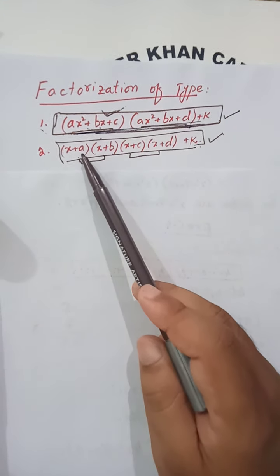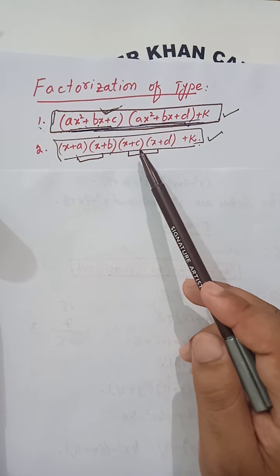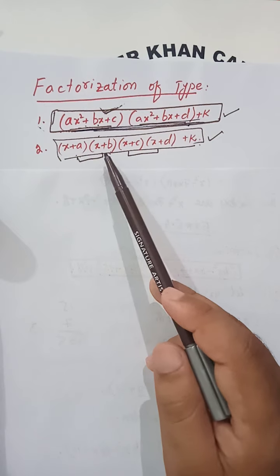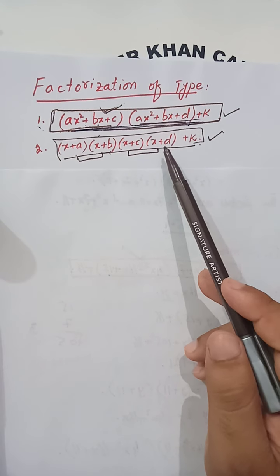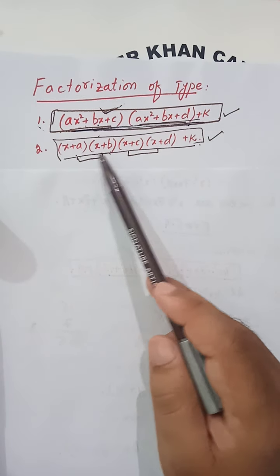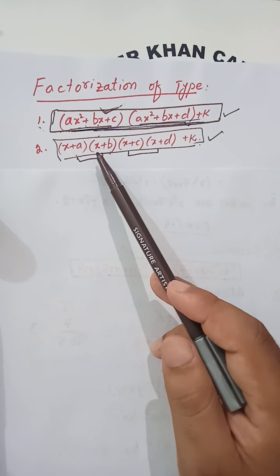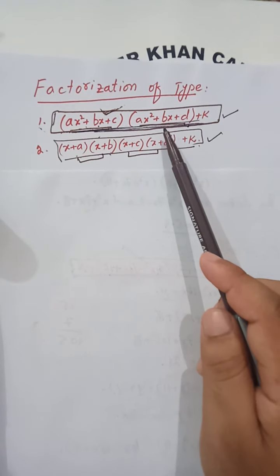So when the addition of a plus b and the addition of c plus d are equal, when you multiply x plus a with x plus b and x plus c with x plus d, from both you get quadratic algebraic expressions, and in those quadratic algebraic expressions the first two terms must be the same.